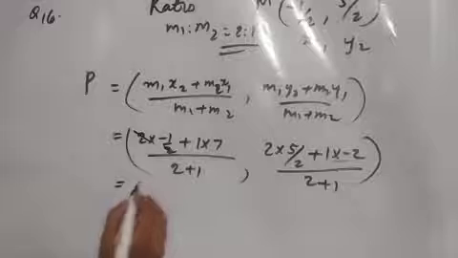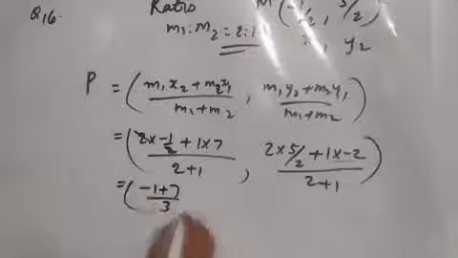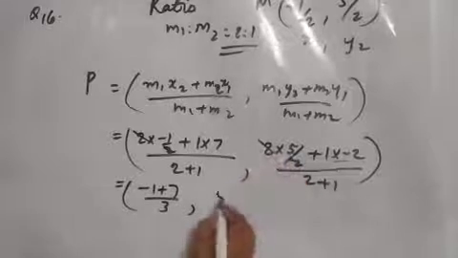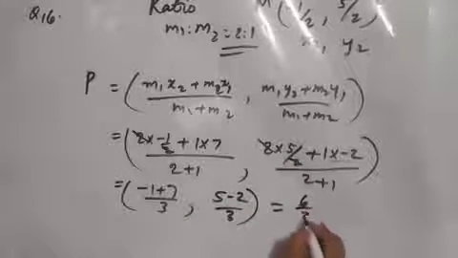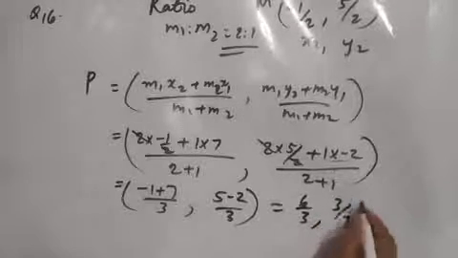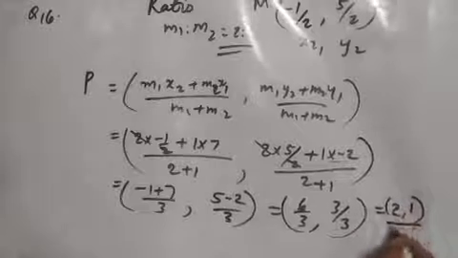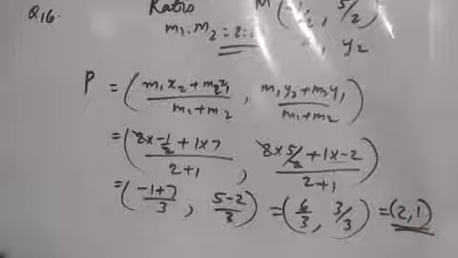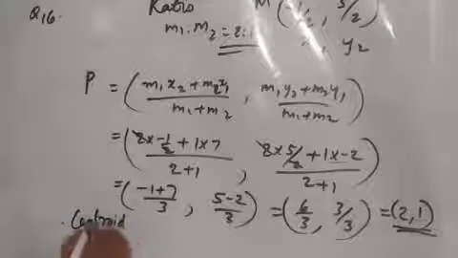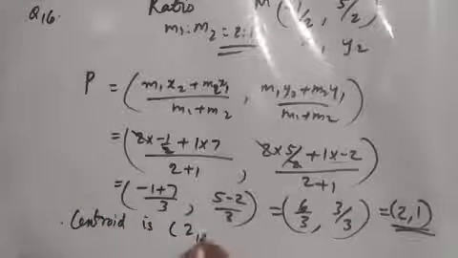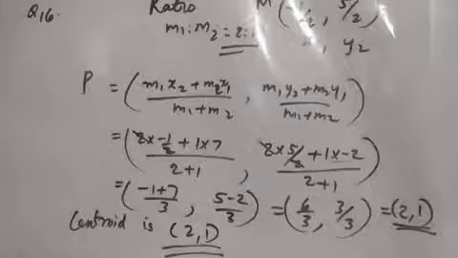We can cancel out this 2 and 2: (minus 1 plus 7) by 3, also (5 minus 2) by 3, that is 6 by 3 and 3 by 3, which is equal to (2, 1). This is the coordinate of the centroid. Therefore, the coordinates of the centroid are (2, 1).